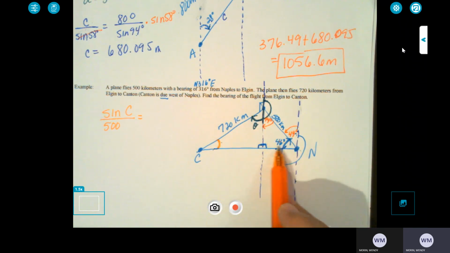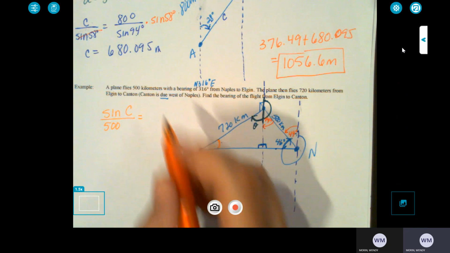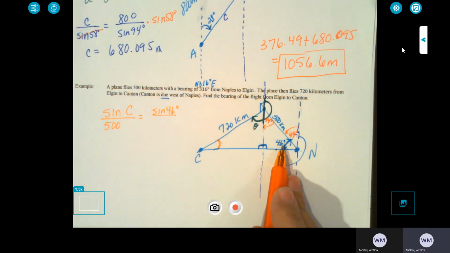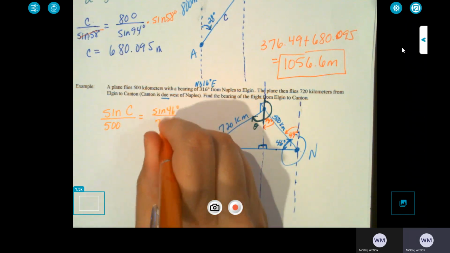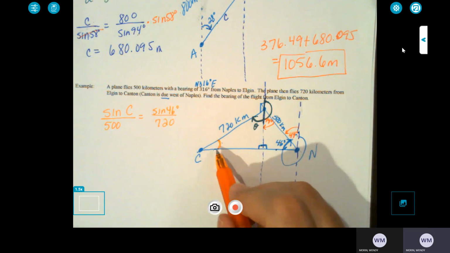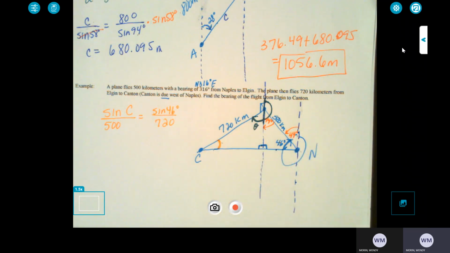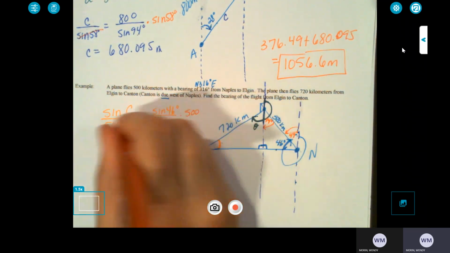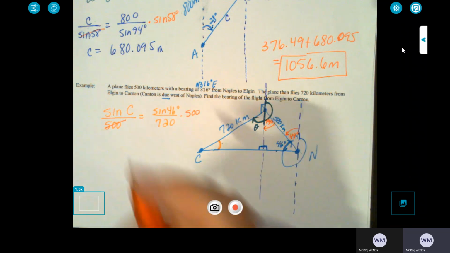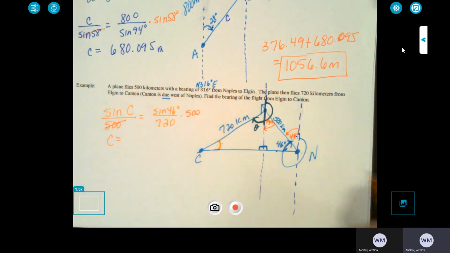Actually, I do, right here. I know this angle, the sine of 46 degrees. And look at here, right across, the side that goes with it is also given. So I have everything I need to find angle C. Go ahead and multiply both sides by 500 and take the arc sine of your answer and you will get angle C.